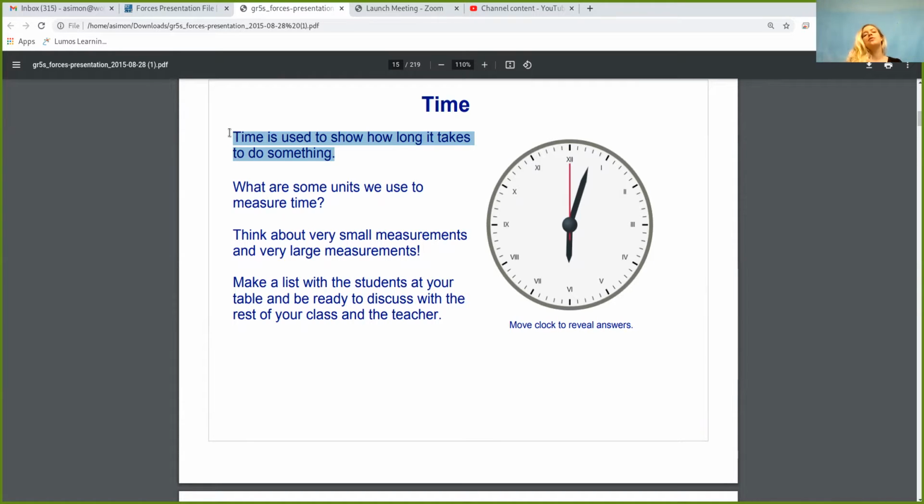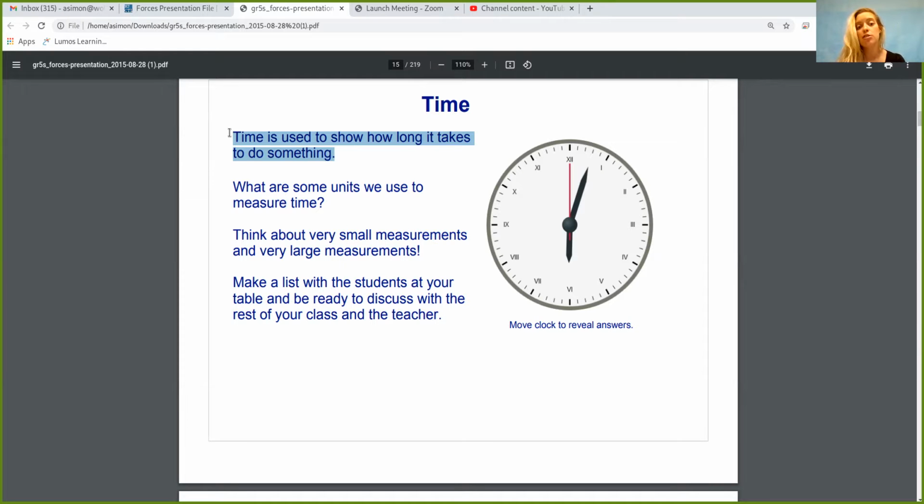So I want you to think about what are some units we use to measure time. Think about very small measurements and very large measurements. Well, let's first talk about some that are small. You should have said things like seconds, minutes.